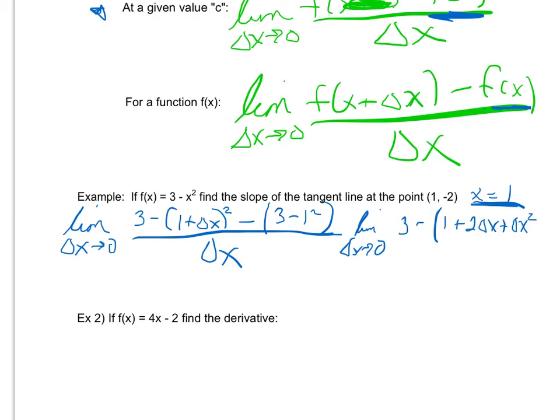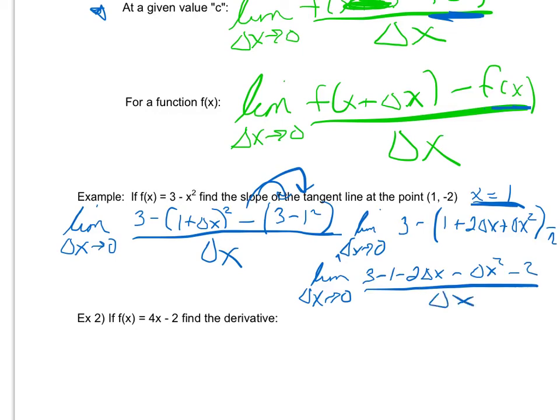Minus, distributing here. Well, actually 3 minus 1 is 2, so just minus 2. Which gives me the limit as change of x approaches 0 of 3 minus 1 minus 2 change of x minus change of x squared minus 2. Again, it's all over change of x.